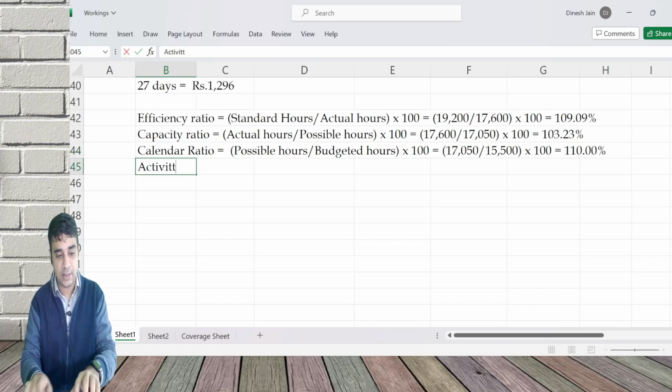Activity ratio, that is nothing but the volume ratio. The other name for volume is activity.